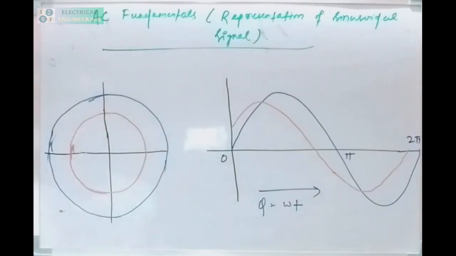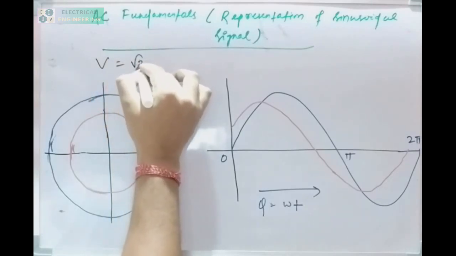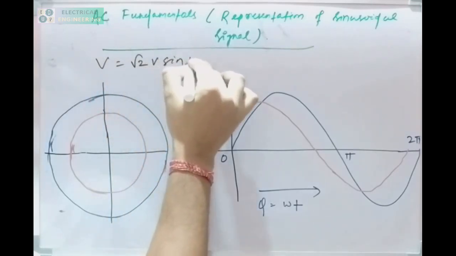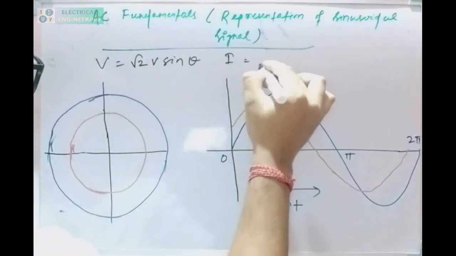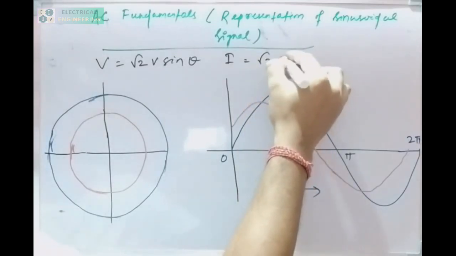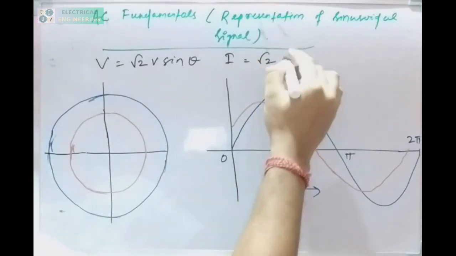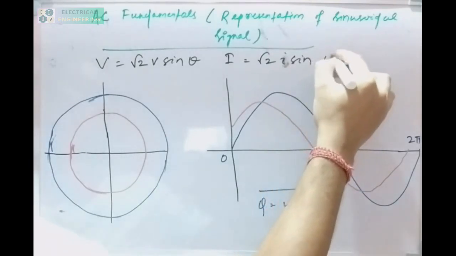So look here. I've told you we can represent a voltage as root 2 V sine theta and current as I equals root 2 I sine(theta plus phi).